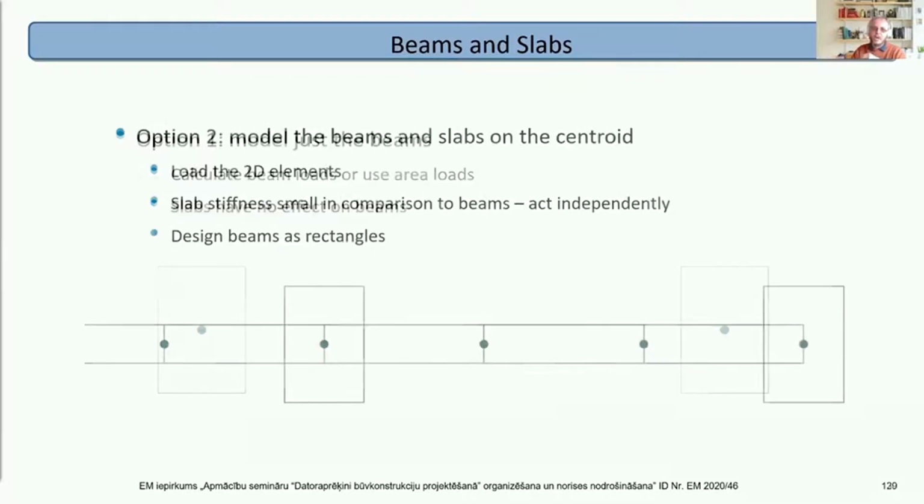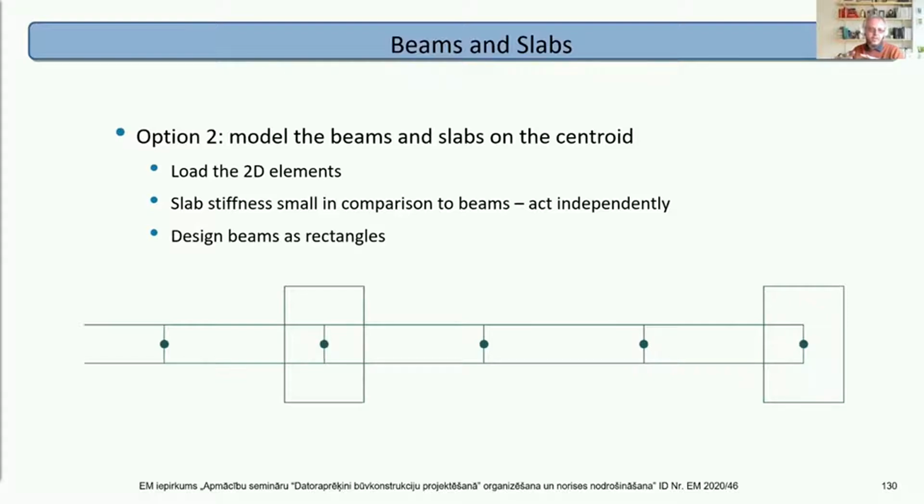Okay. Option number 2, you do model the slabs and the beams. So the slabs are there with shell elements, beams as beam elements, and everything is modeled on the centroid. So by default, this is where all the elements are.